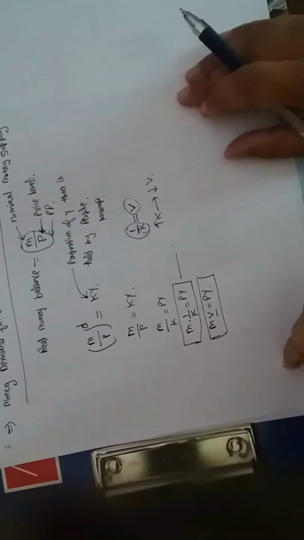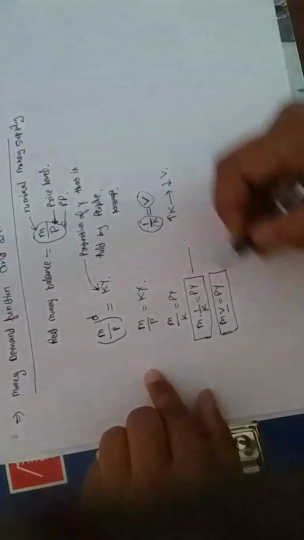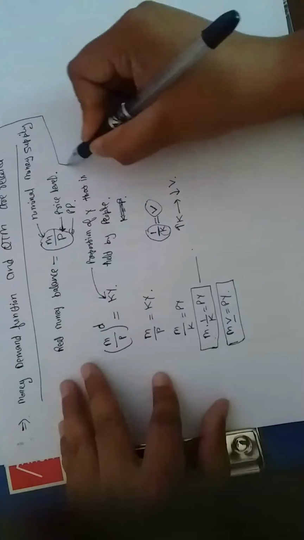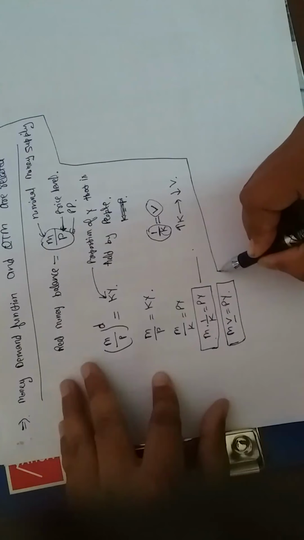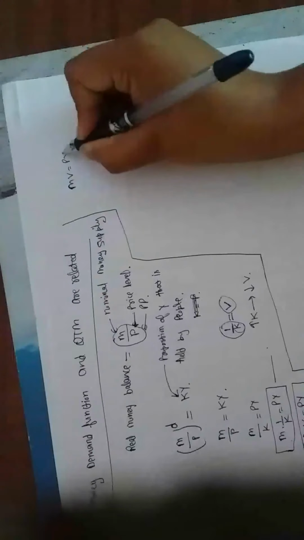Next, we have found from quantity theory of money that money demand depends upon national income. But we see, is there any other factor which affects money demand? We have seen that MV is equal to PY.